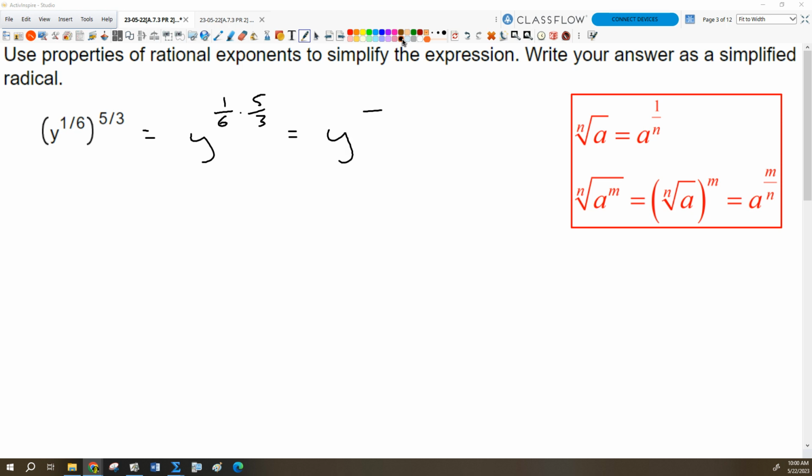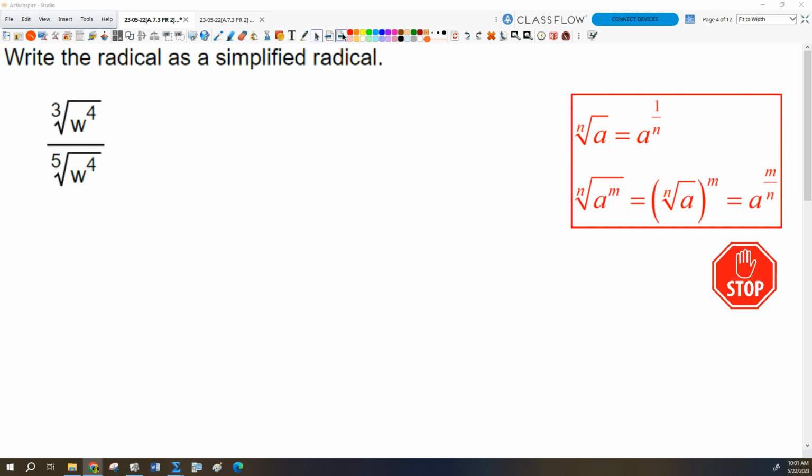So I get y to the 5/18, which means if I write that as a radical, which number goes as the index of the radical, the top or bottom of the fraction? The bottom, yeah. So the 18 goes there and the 5 goes there. Good job. Okay, try that one.